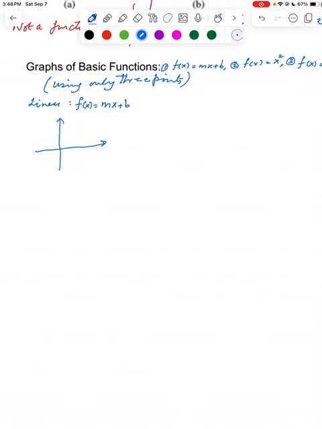Okay, so a line could be going like this. I wanted to draw the graph with another color. So let's say this line will be the graph when m is greater than 0.